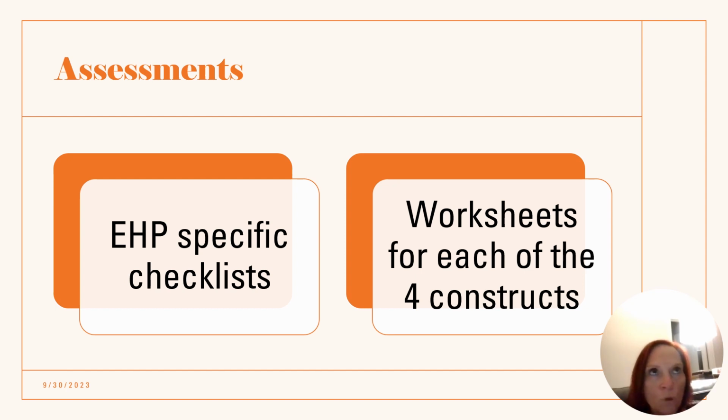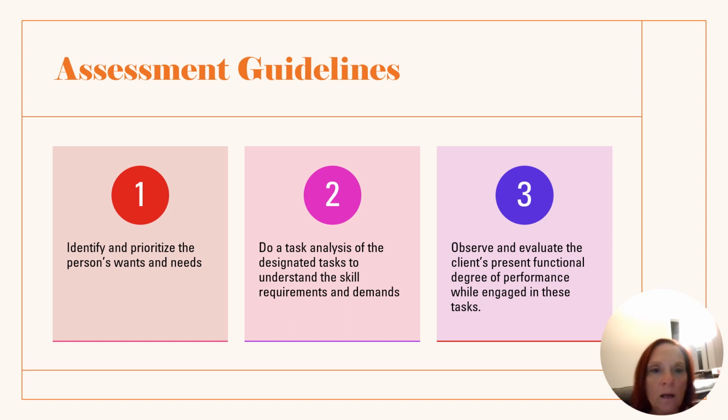EHP also moves along a recovery line or in context, which means I'm going to get to that in just a second. So another thing, their assessment, they do have some assessment guidelines. So you should identify and prioritize the person's wants and needs.